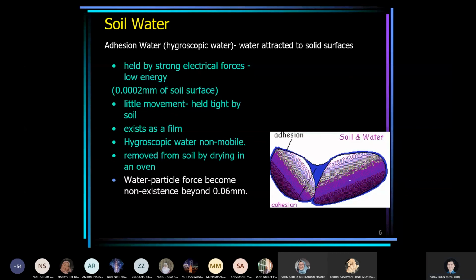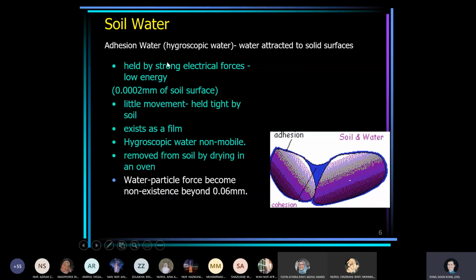Now, most chemical bonds, I'm sure you know, covalent bond, ionic bond, hydrogen bond, involve some exchange of electrons, but this one does not. Since it does not involve sharing or transferring of electrons, this is considered a weaker force, but still strong.